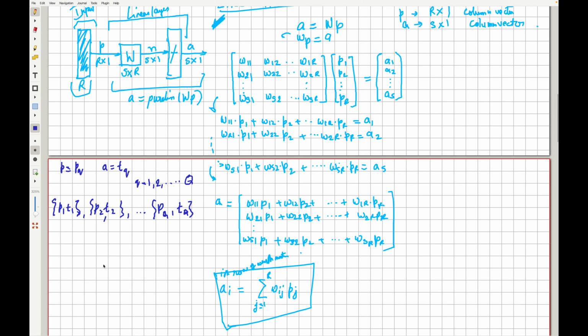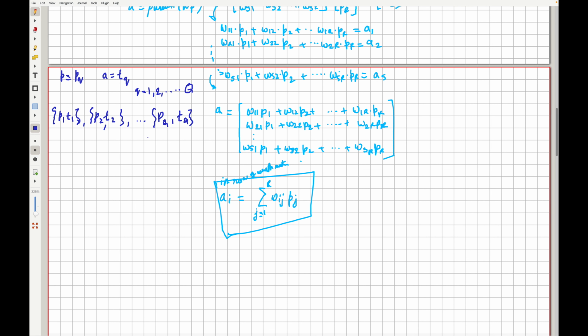What follows is that if we change the input PQ by some small value delta, then that will also create a change in the output. So the output TQ would have something additional added to it, let's say epsilon, and that is what the network is trying to learn, these input output vectors.